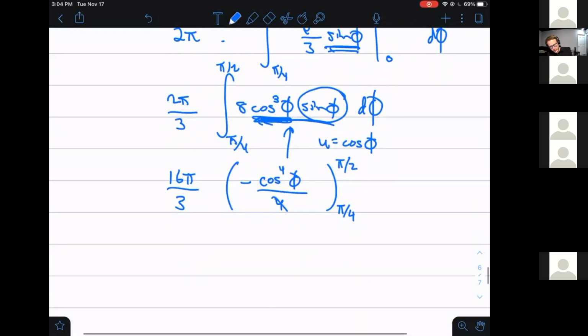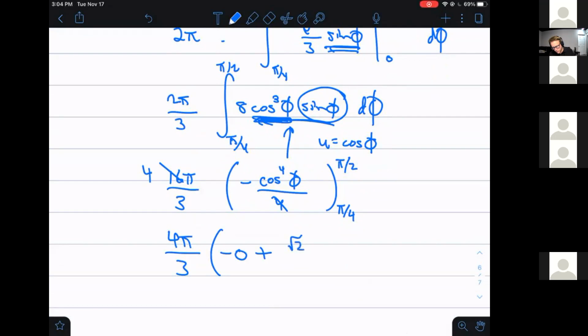Of course, the 4 and the 16 can cancel out a little bit. And when we go ahead and plug in pi over 2 into cosine, you get 0. And then when you plug in pi over 4 into cosine, you get root 2 over 2. Remember, you have to raise this to the 4th power. I didn't really emphasize that with the 0 because 0 to the 4th power is, well, still 0. Minusing a negative gave me the plus there.